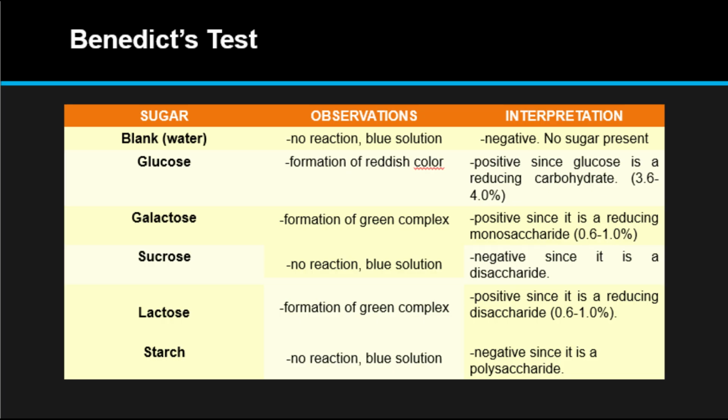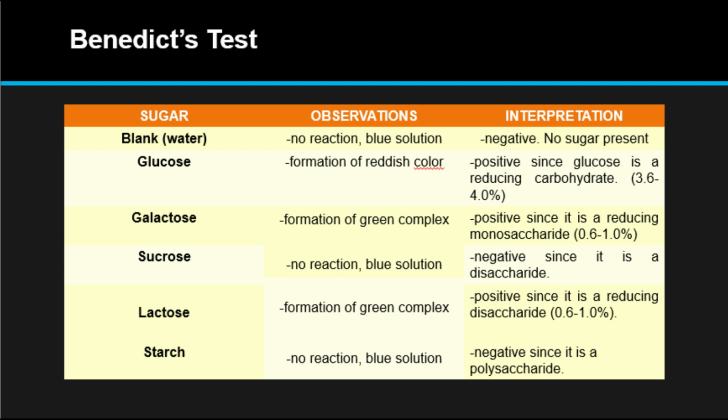Here are the results from the experiment. We can see that glucose yields a positive result since glucose is a reducing carbohydrate, so it forms a red color, which means it has 3.6 to 4.0% of sugar. Galactose forms a green complex, positive, so it is a reducing monosaccharide, about 0.6 to 1.0%.